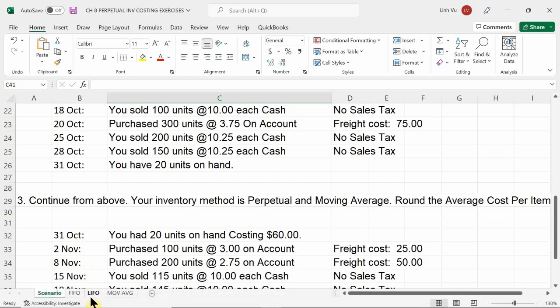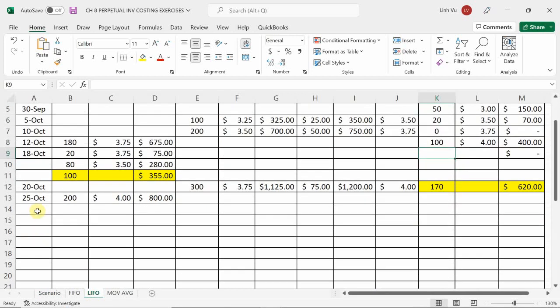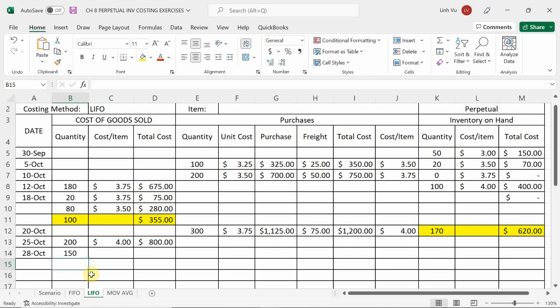Okay. So we sold 150 on October 28th. So how should I do this? You can take 100 from the $4 batch.